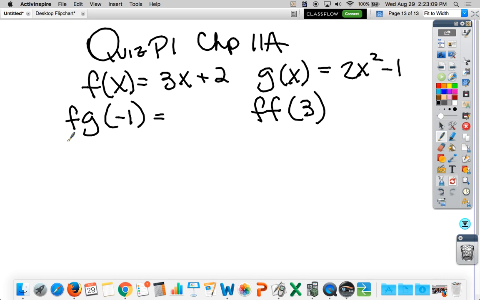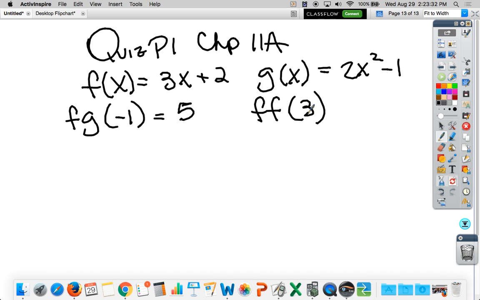Okay, so tell me what we got for the f of g of negative 1. I got 5. Negative 1 squared is 1. 2 times 1 is 2. Minus 1 is 1. That was going in the g first. Then you put it in the f. 3 times 1 is 3 plus 2 is 5.